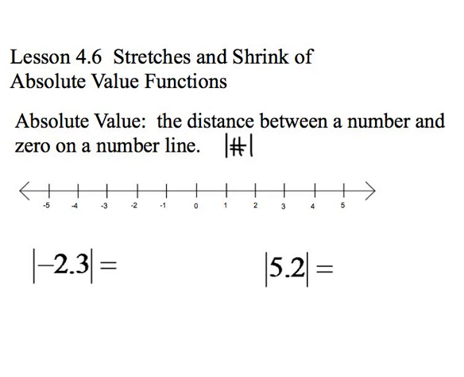The absolute value of negative 2.3. If I look at the number line, negative 2.3 is approximately right here. So the distance between this point of negative 2.3 and 0, that distance is a positive 2.3.